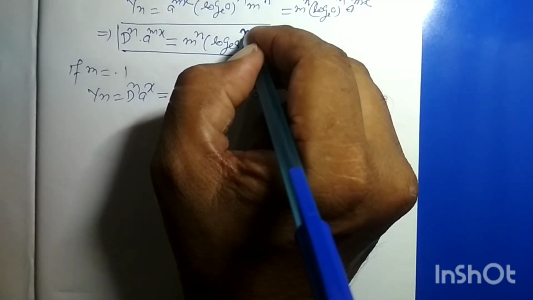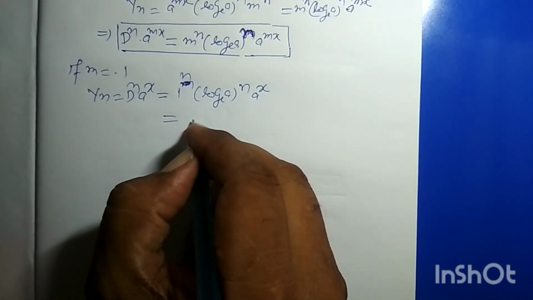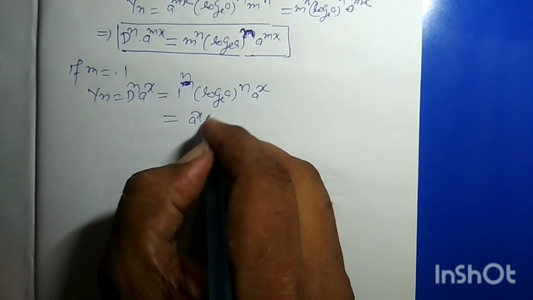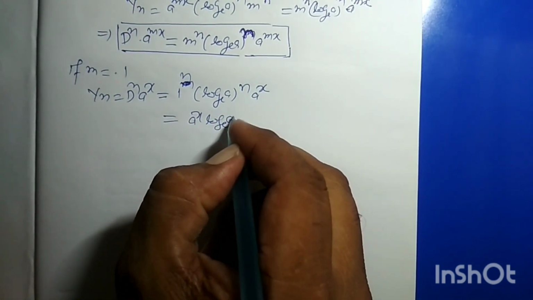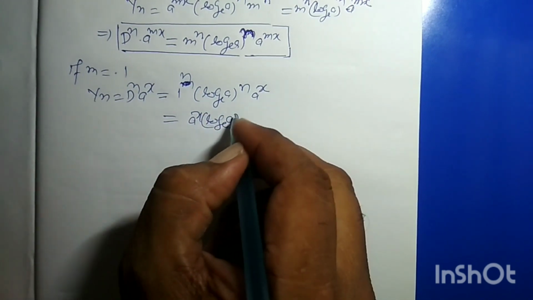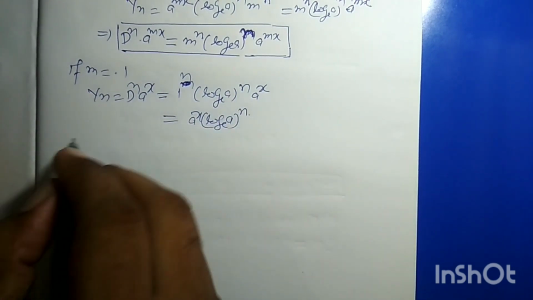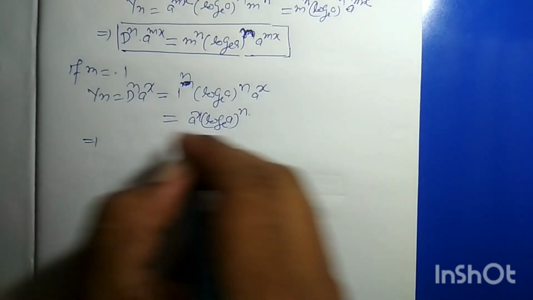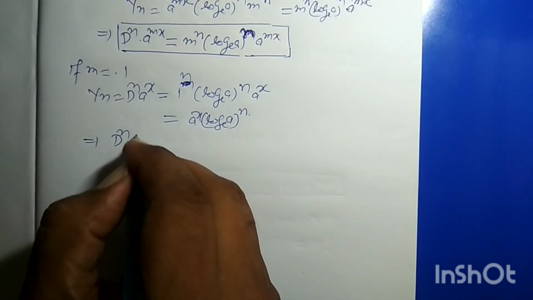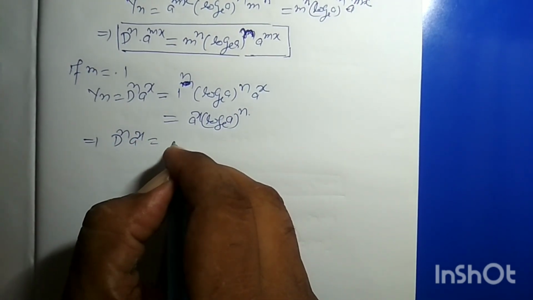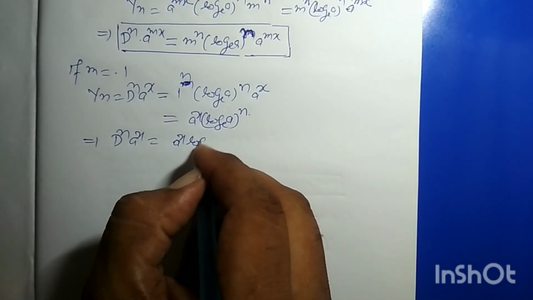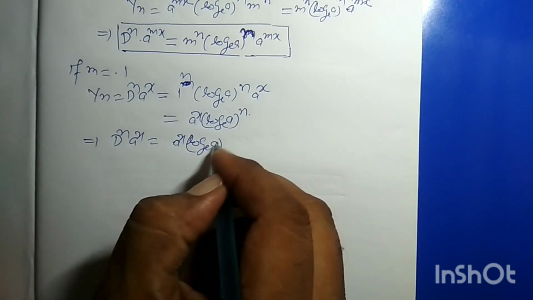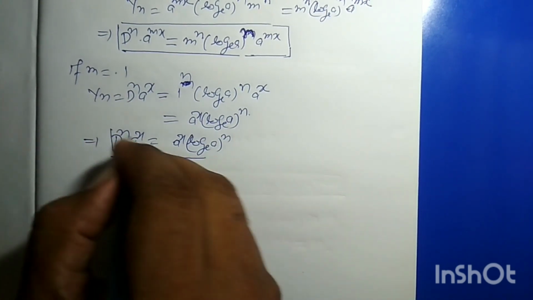Here log a की power n is equal to a की power x और log a raised to power n. So implies that d^n a की power x is equal to a की power x log a raised to power n.